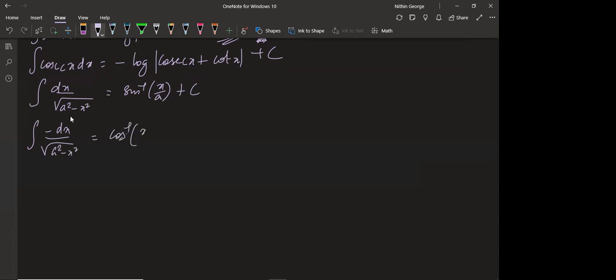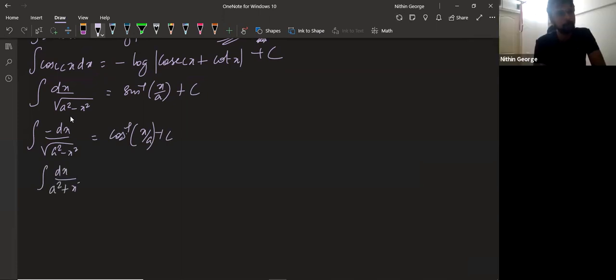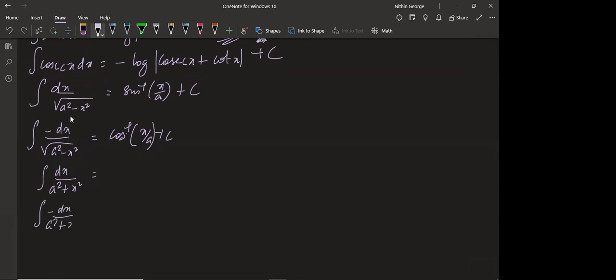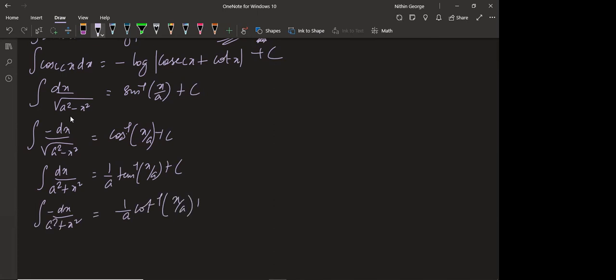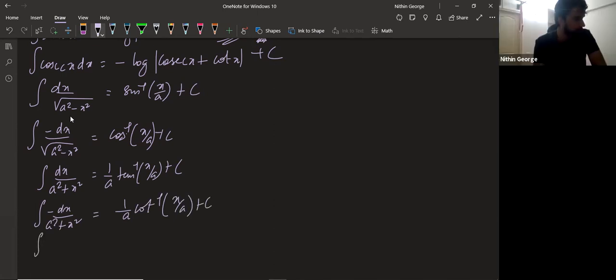Same thing, but cos inverse. Next, dx by a square plus x square. What is this? 1 by a tan inverse x by a. Very good. And minus dx by a square plus x square: 1 by a cot inverse x by a plus c.